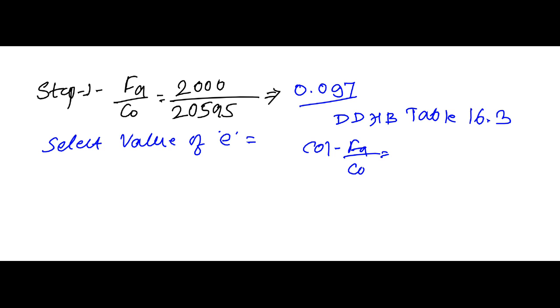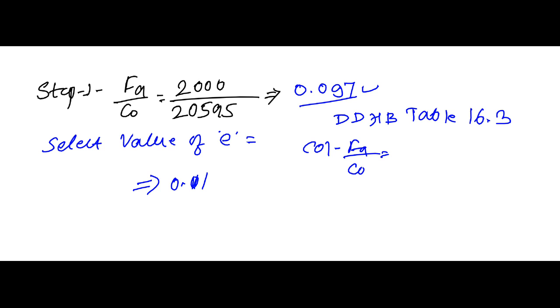So let us select an approximate value. You can go for 0.11. So 0.11 is the nearest value.